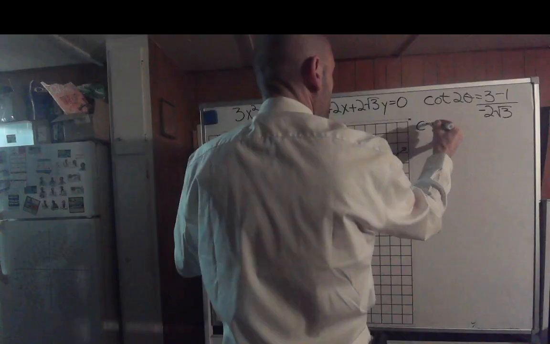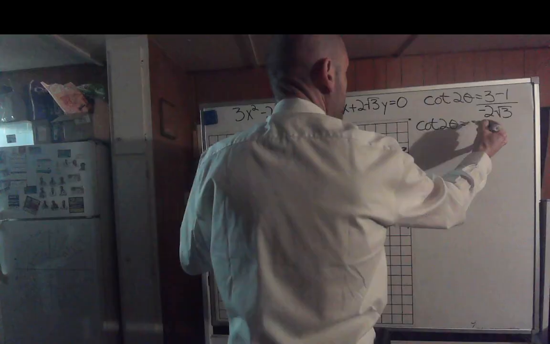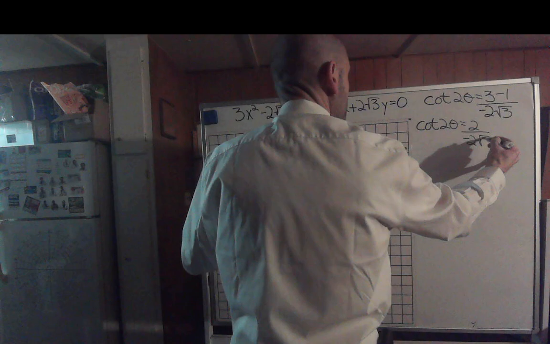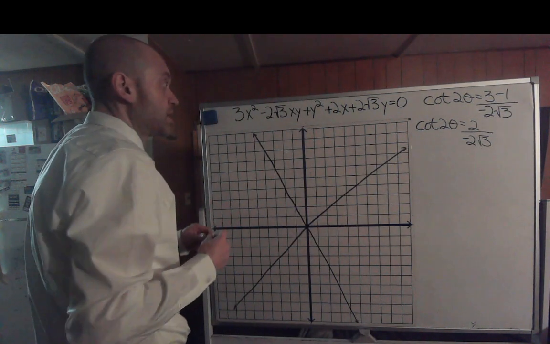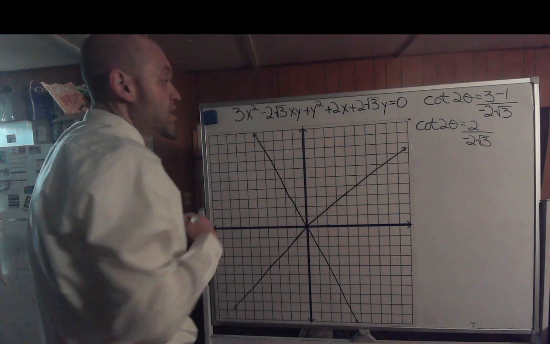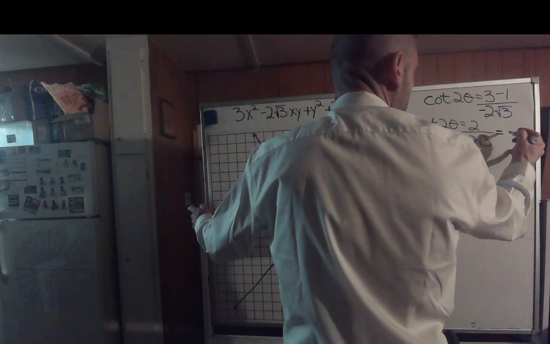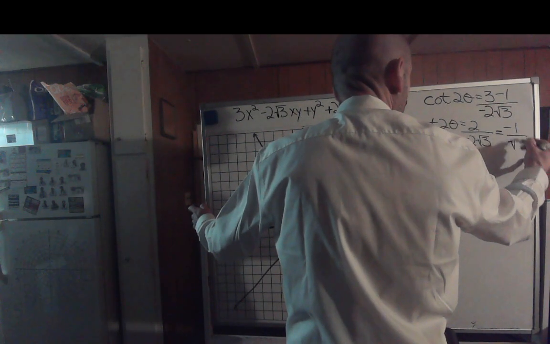Which means the cotangent of 2 theta is going to equal 2 over negative 2 times the square root of 3, which would end up giving us negative 1 over the square root of 3.